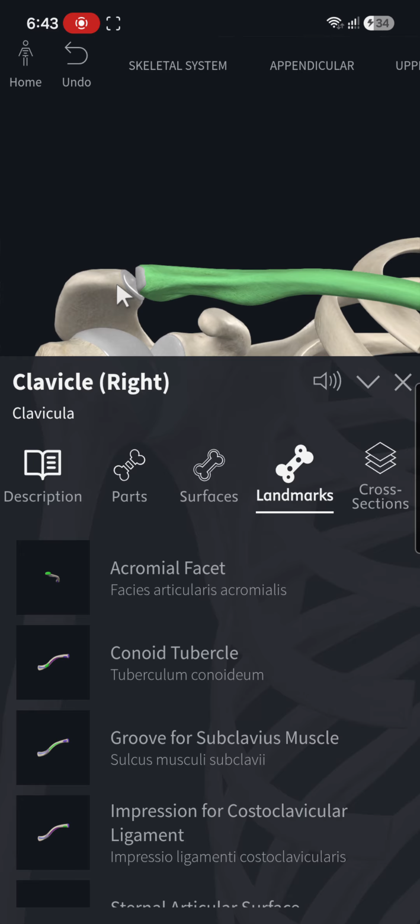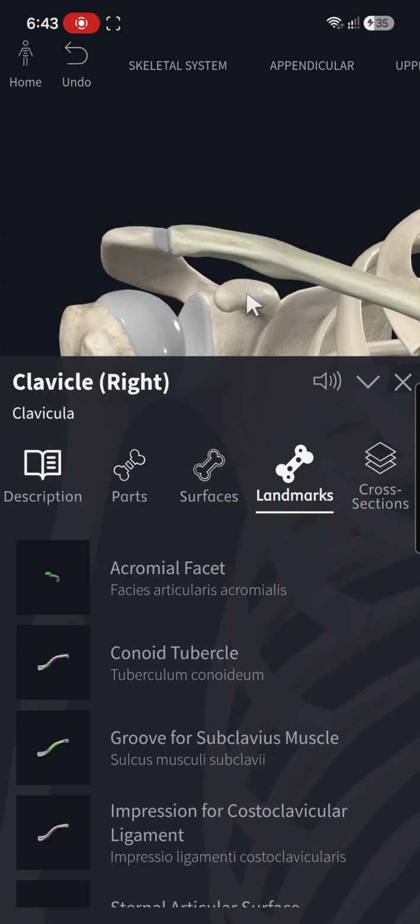Secondly, the second important landmark on the clavicle is the conoid tubercle. Here is the site of attachment of the conoid ligament that attaches the clavicle to the anterior process of the scapula that's called the coracoid.